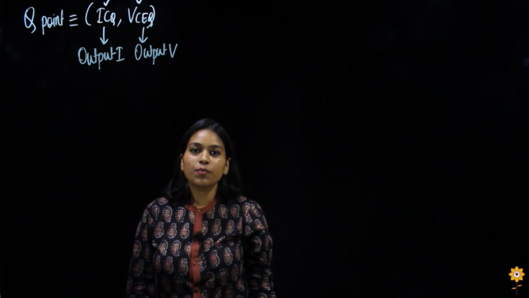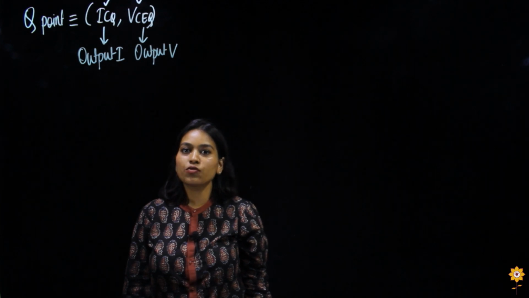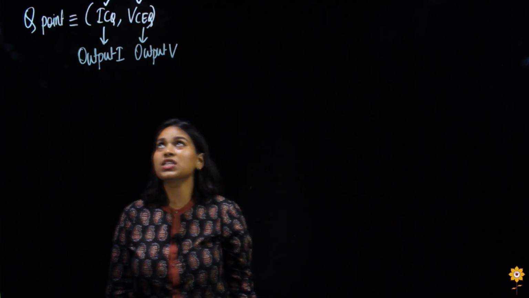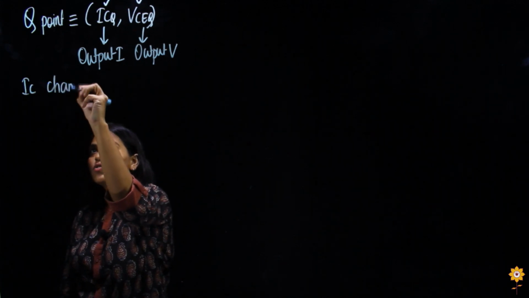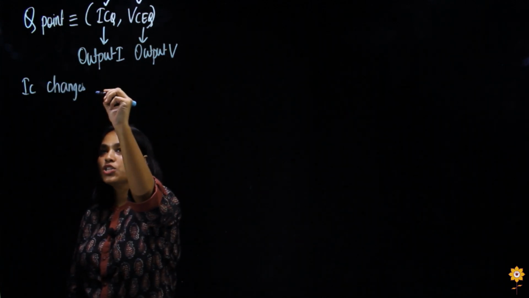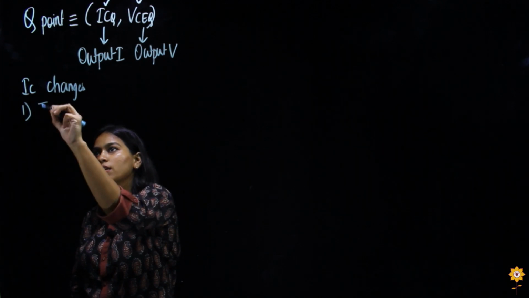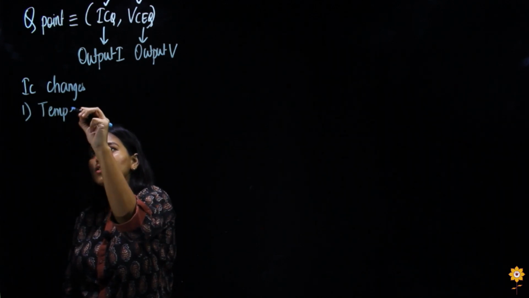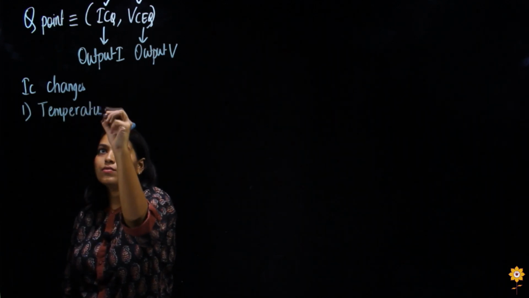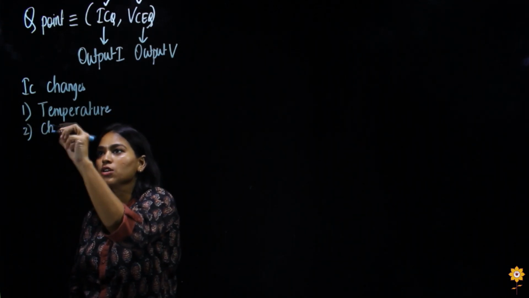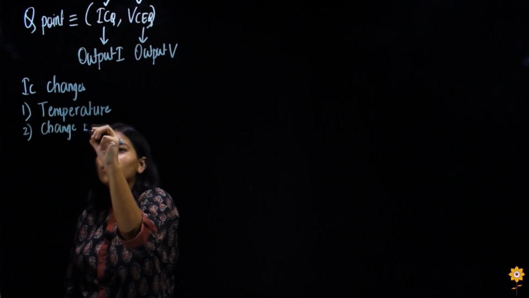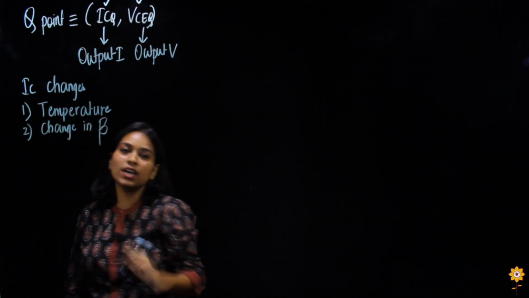These parameters can change because of two major reasons. Basically, IC changes because of two changes: one being change in temperature and second is change in the value of beta.